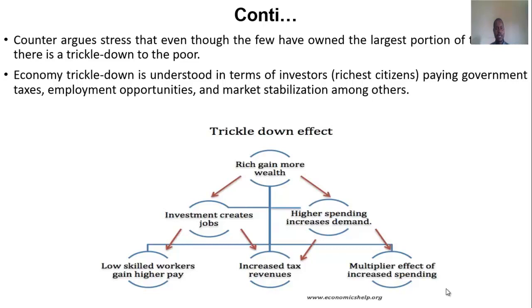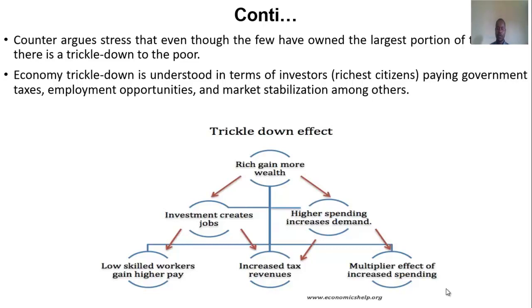Let us say a few individuals, like 5 or 10 individuals, are billionaires in a given country, and they preside over the resources of the country, they control the vast portion of the country's wealth, and when they invest, they increase the taxes, and when the government collects a large amount of tax from the richer section of the society, it is going to invest in infrastructure like electricity, education, health, and even market stabilization.